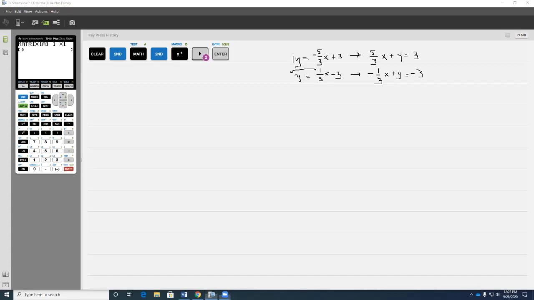Well, if we take a look at the problem we have, I can tell that I have 2 rows. I have row 1 here and row 2 here, and then I'm going to have 3 columns. I have the column for x, I have the column for y, and then I have the column for the constant numbers. So we have to do row by column, so this is a 2 by 3 matrix. So on the calculator, I'm going to change this to 2 by 3.